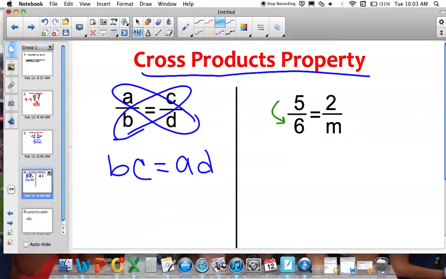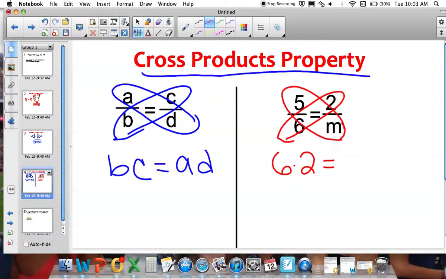I can't multiply or divide by whole numbers to get the other. And really 5 and 2, I don't see a relationship that's easy for me to see. So I'm going to use the cross products property. What that means is if I multiply 6 and 2 together, so 6 times 2, it's going to equal 5 times m.